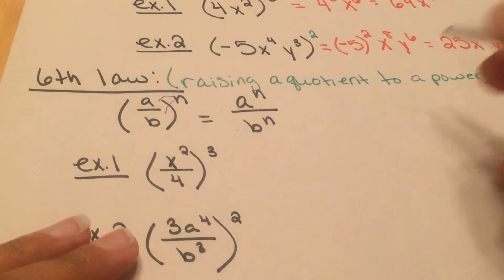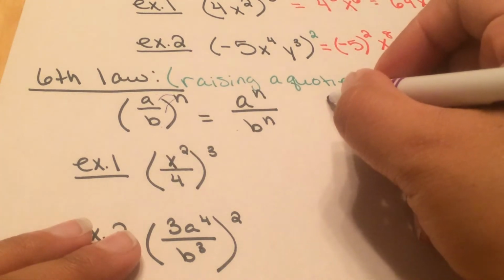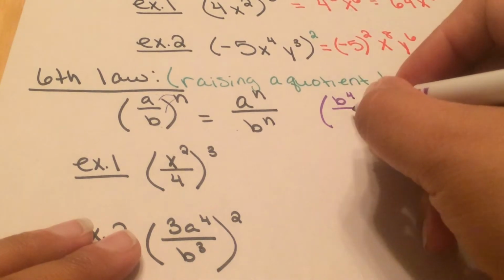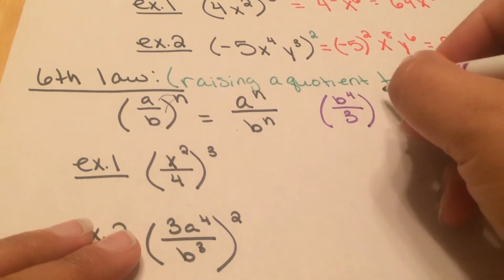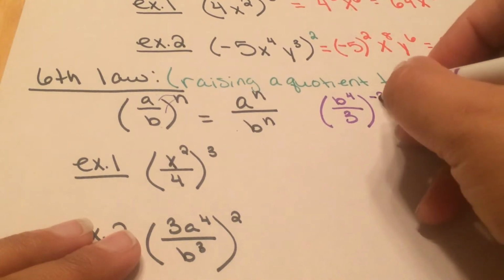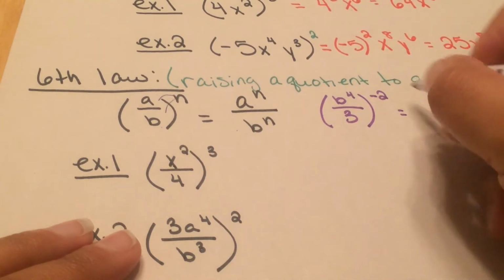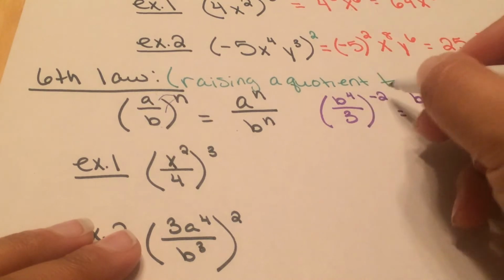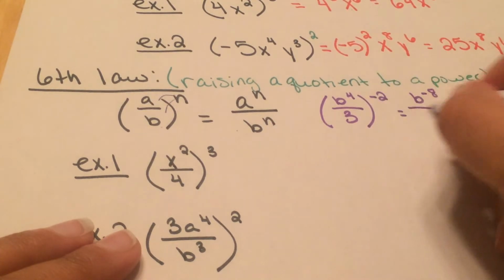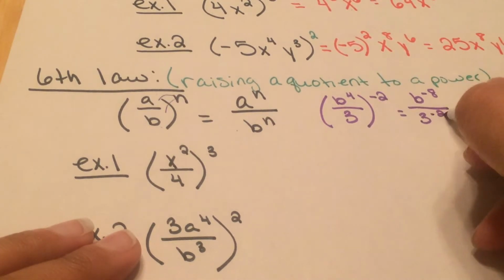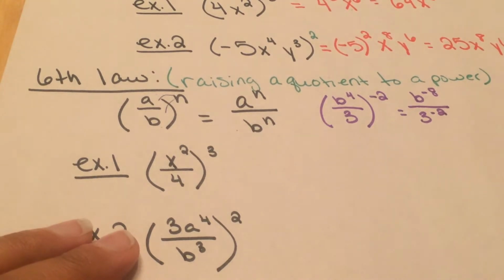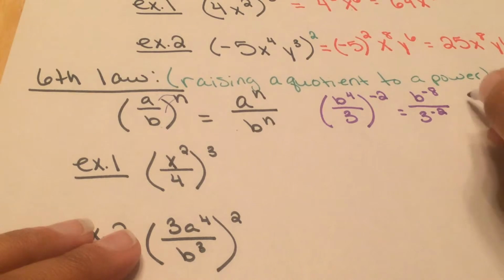If we have something like b to the fourth power over 3 raised to the negative second power, this is going to mean b to the negative eighth power, because we're multiplying those two together, over 3 to the negative second power. Again, we have a negative here that's going to mean something to us in a short bit.